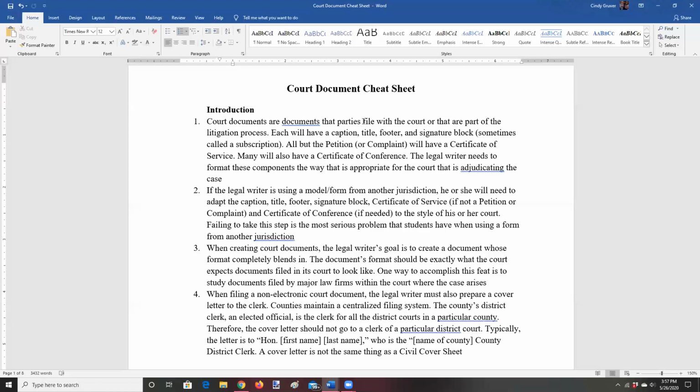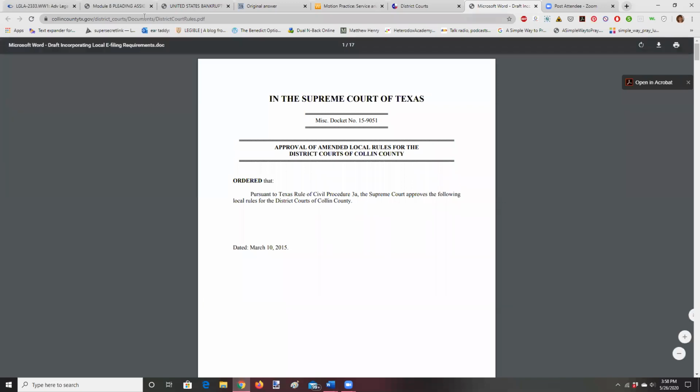So sometimes those matters do come before the court, but those are supposed to be the exceptional situations and not the usual situations. So when we talk about court documents, we're not necessarily saying for sure it's going to be filed with the court. Let me give you an example of what I'm talking about.